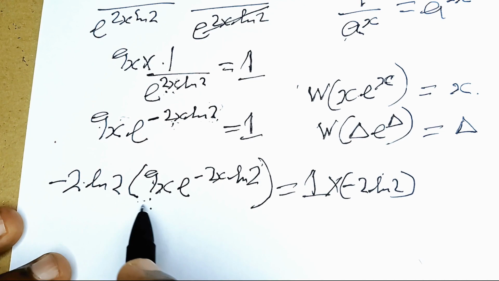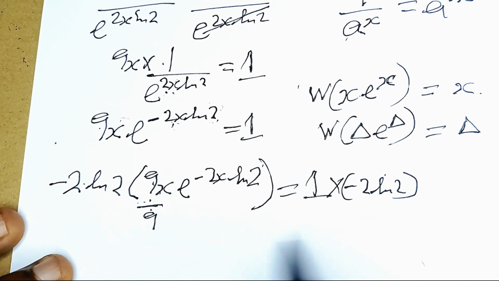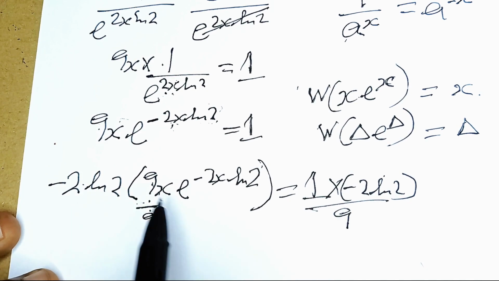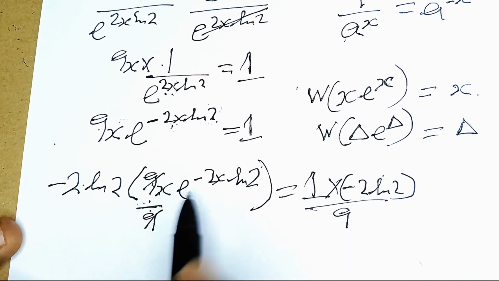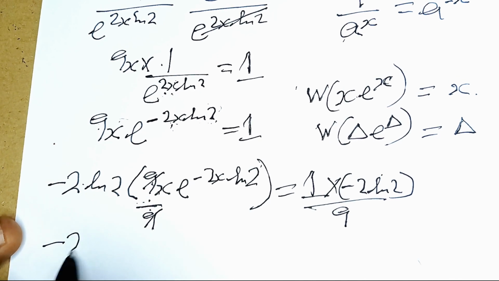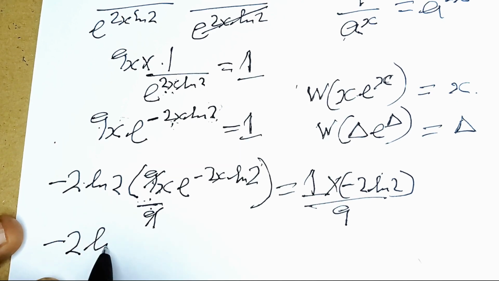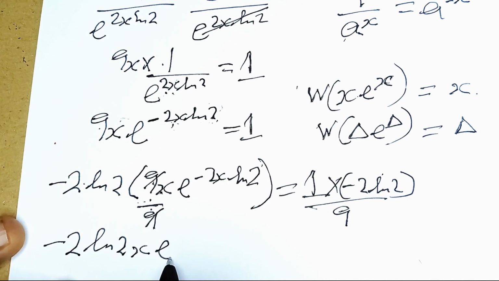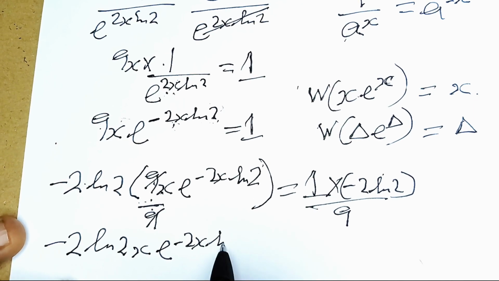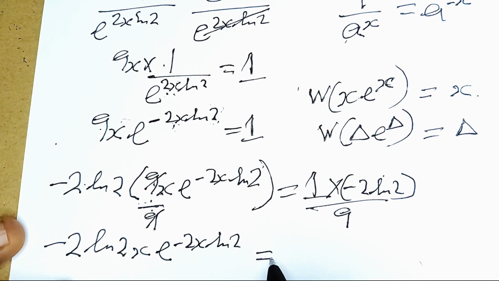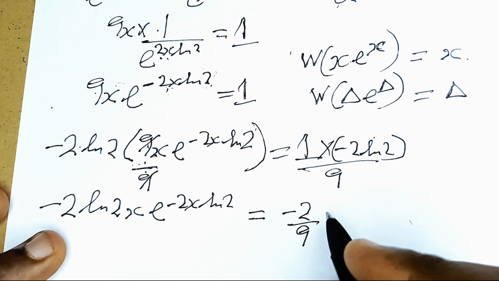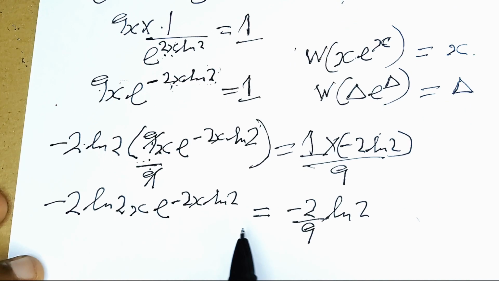We divide this by 9, and we also divide this by 9. Here 9 cancels 9. So we are left with minus 2 ln 2 x exponential of minus 2x ln 2 is equal to minus 2 over 9 ln 2.